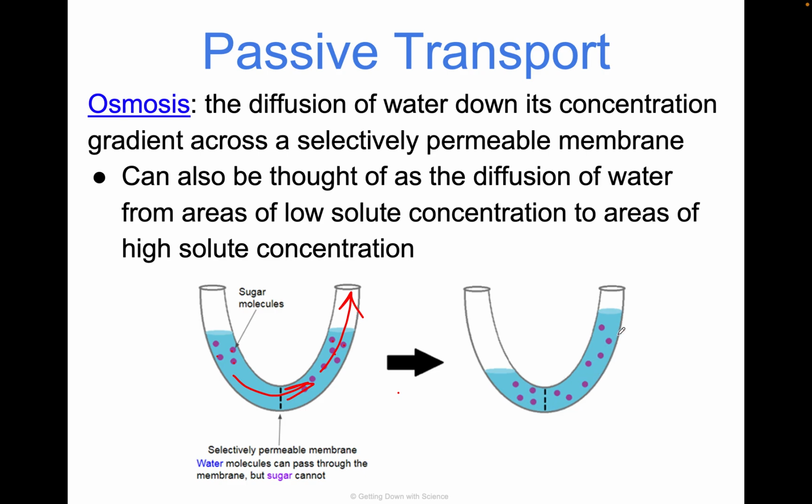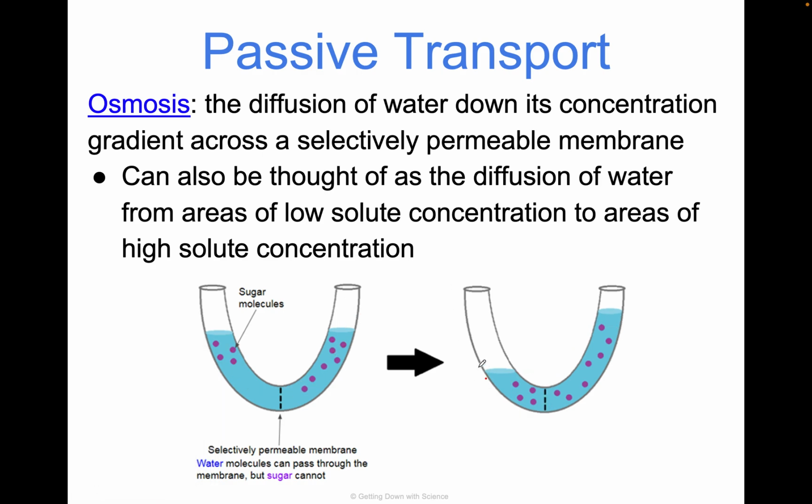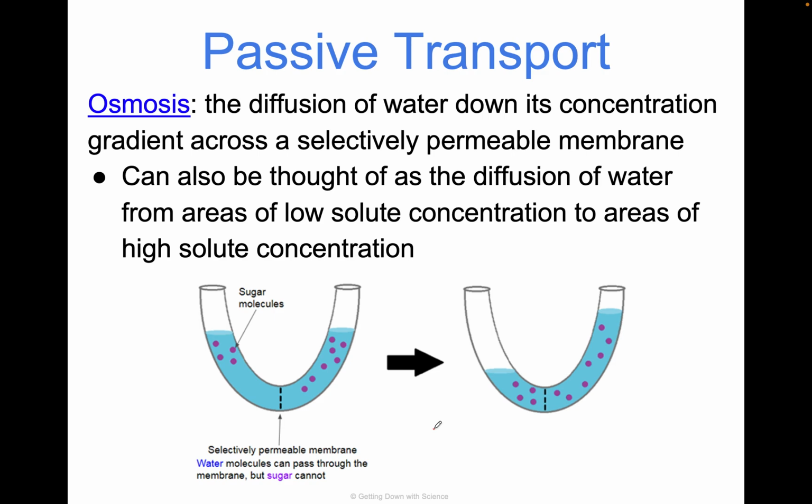So even though there is now still more sugar on one side than there is on the other, the water itself has sort of evened out, right? It's the passage of water from low solute to high solute concentration. So if I was to take a measurement of concentration of sugar in this water and concentration of sugar in that water, it should be relatively the same because the water, again, just went and kind of diluted it. So that is the process of osmosis. It's a little different and it feels a little opposite than diffusion.